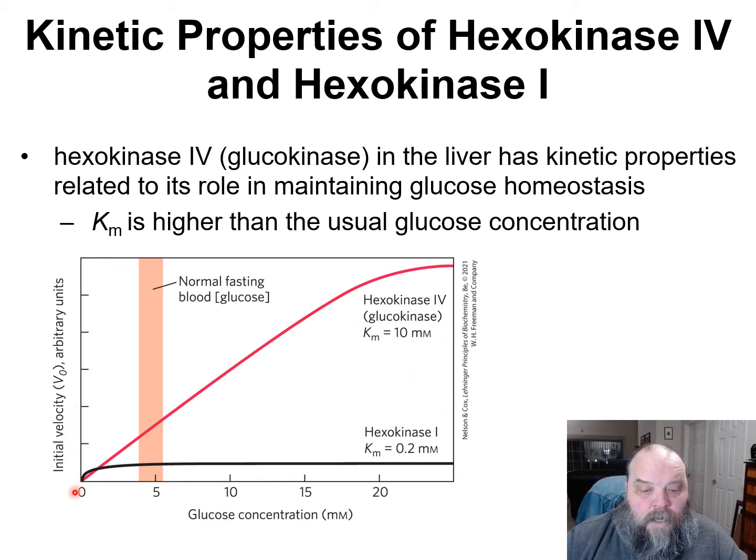You see here, hexokinase 1 very quickly hits its maximal rate and maintains it no matter how much you increase glucose. Whereas hexokinase 4 gets pretty high up there before it hits max. Its Vmax is well beyond what you would see in normal blood levels.